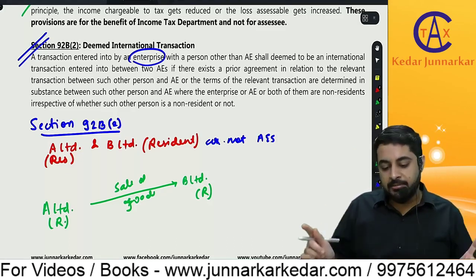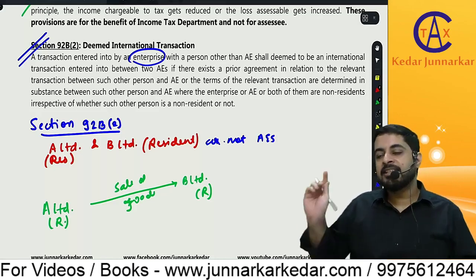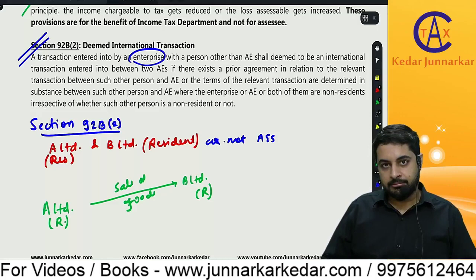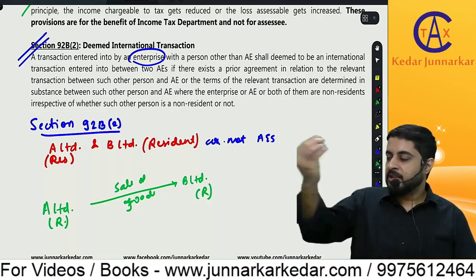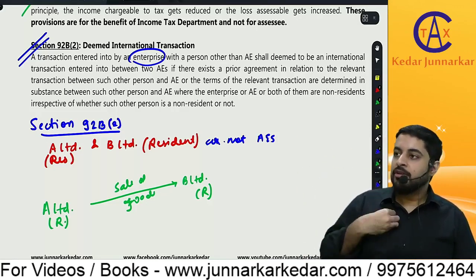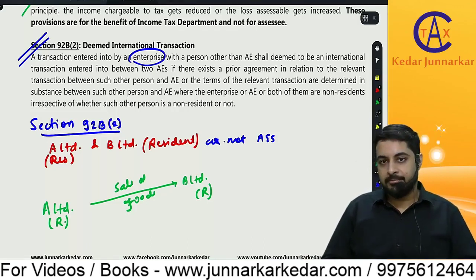So A Limited and B Limited are both residents and they are not AEs. A Limited and C Limited are AEs and C Limited is non-resident. So let's understand this. A Limited and C Limited are AEs. If I sell to C Limited, then transfer pricing provisions would apply. I cannot undervalue the sales.